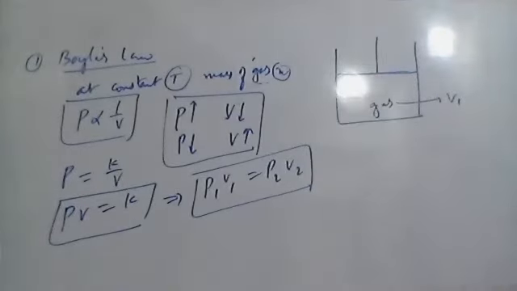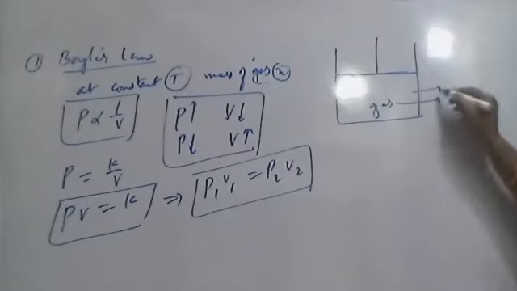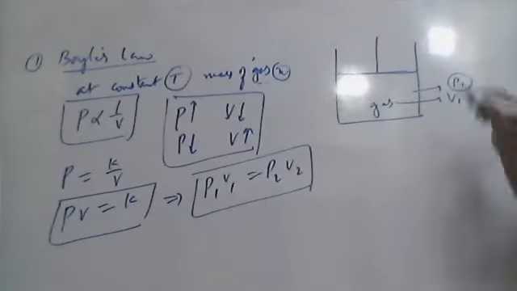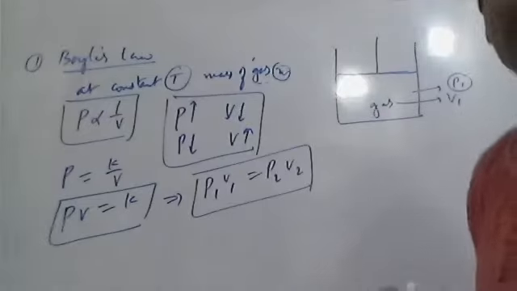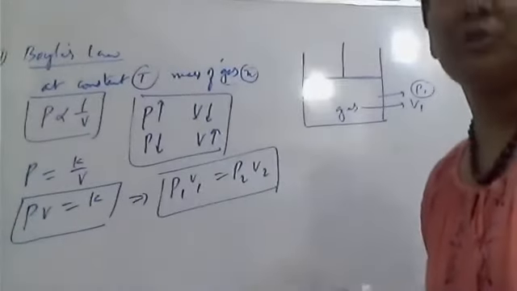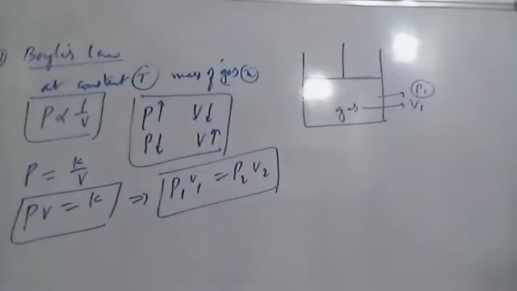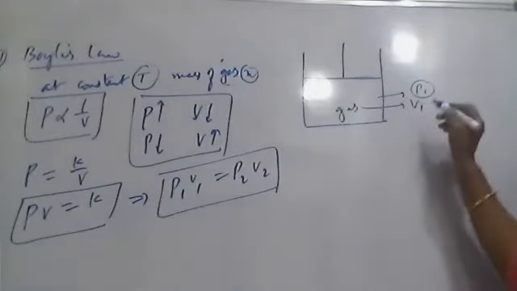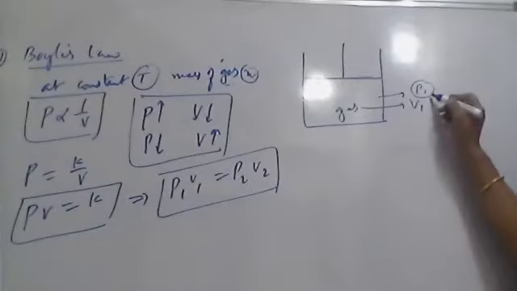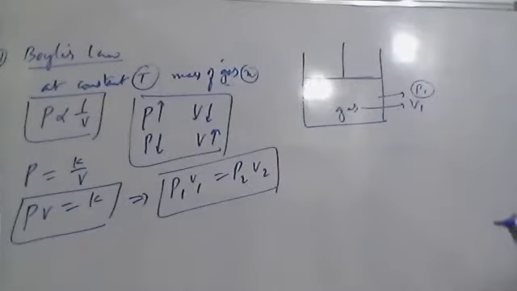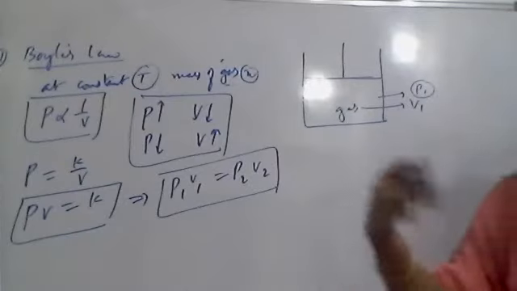This gas is offering a certain pressure P1, and we know gases offer pressure due to collisions made on the walls of the container. Now this gas has volume V1 and pressure P1. Suppose you increase the pressure.